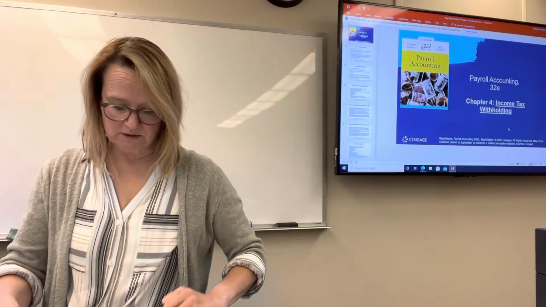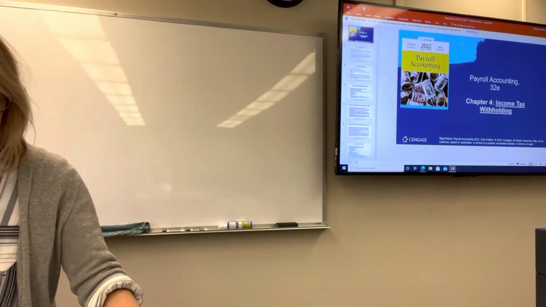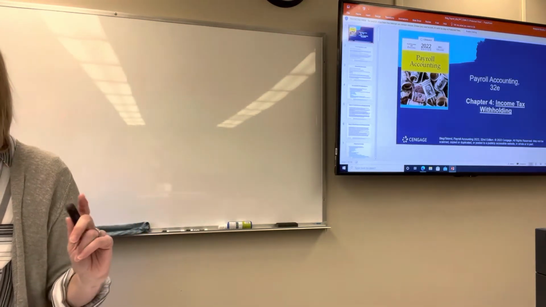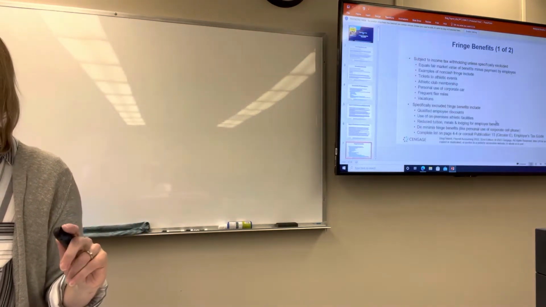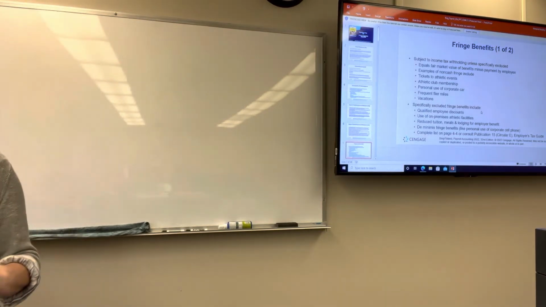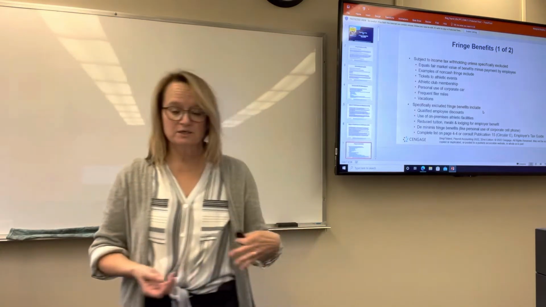So we started to talk about fringe benefits a little bit. I think we got to the first page of that discussion, where we were talking about types of fringe benefits that are subject to withholding and types that are not.